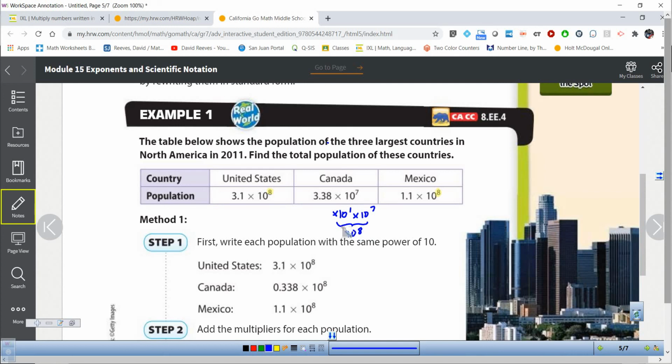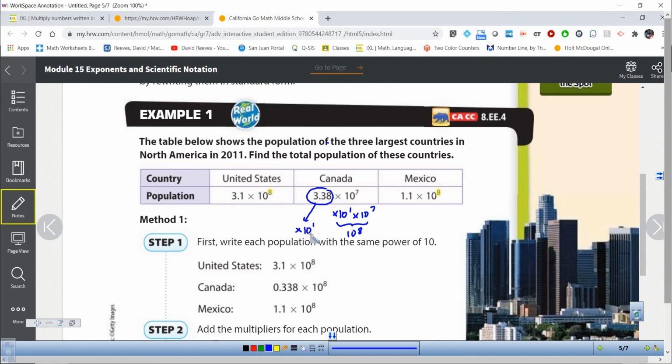Okay, so here's the tricky part. As it's written in scientific notation, it's 10 to the 7th. So I need to rewrite this number as something times 10 to the 1st power, which means I need to move the decimal one place.